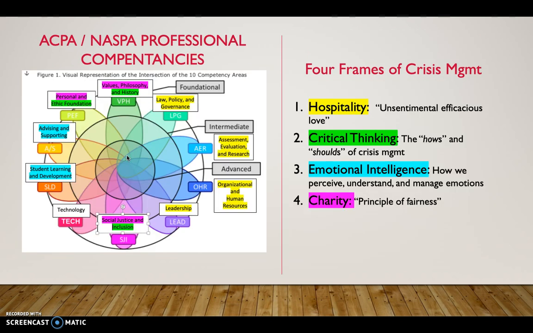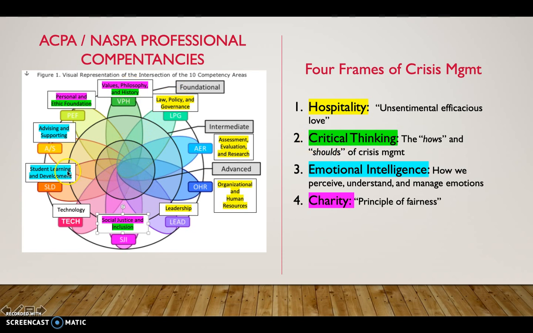Applying the same premise to the 4 frames of crisis management, we can see where the hospitality, the unsentimental, efficacious love applies more to the organizational and human resources and the law and policy. But moving around, you can see where the critical thinking applies more to the philosophical values and the more sociological premises, and how when those start to tie in with the policies as it moves from the foundational to the intermediate to the advanced, it's all mixed together.